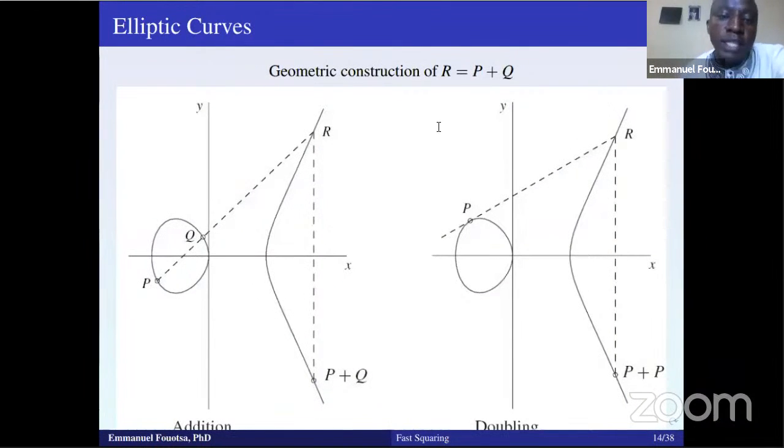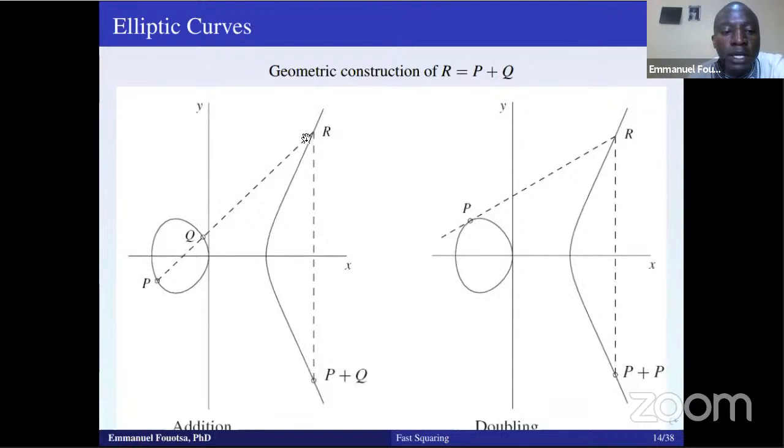It means that if you have two points P and Q on the elliptic curve and you want to add them, you draw the line passing through P and Q, which intersects the curve at a third point.